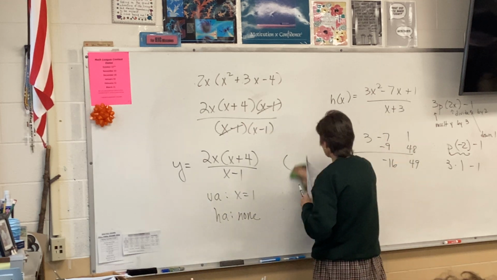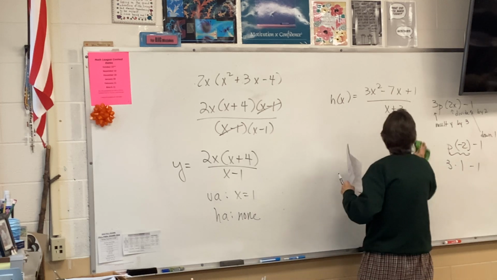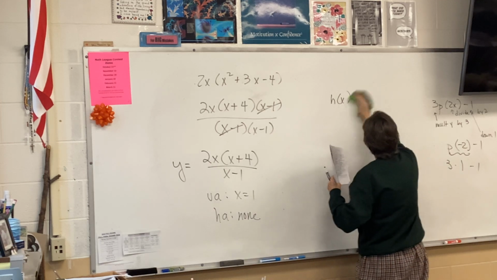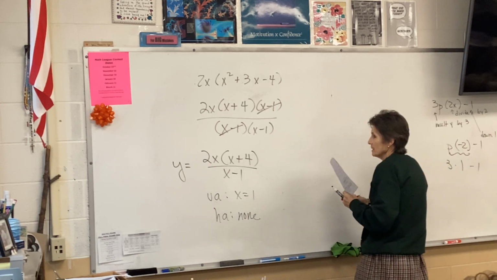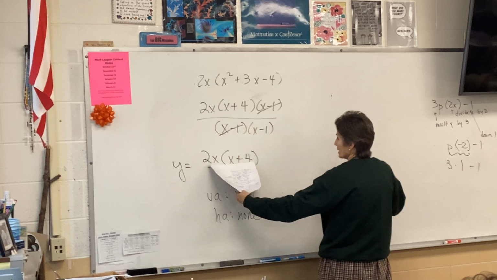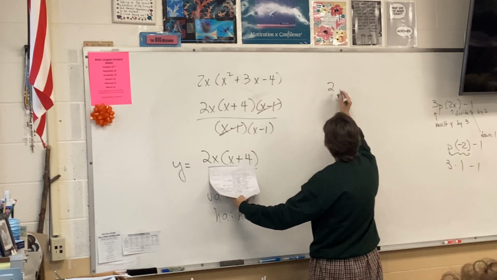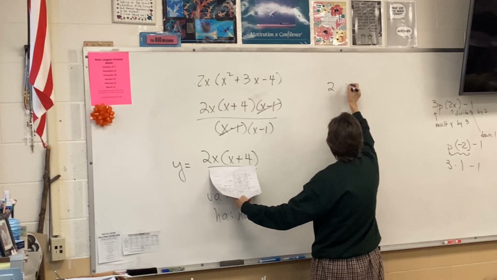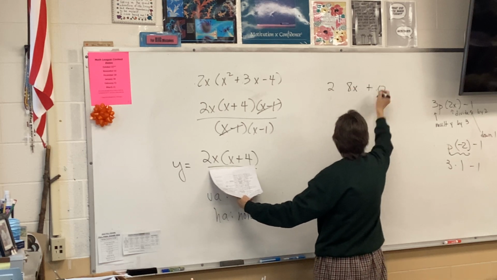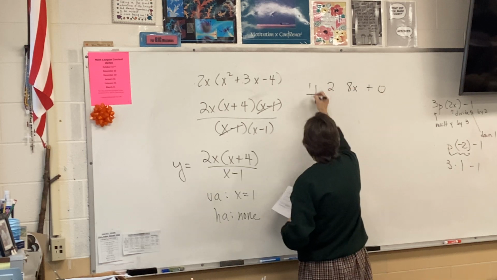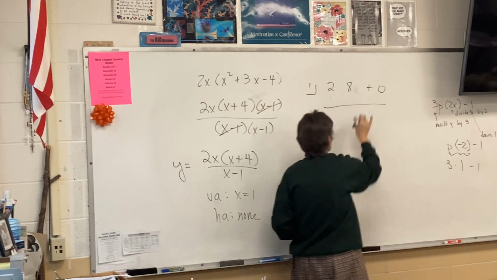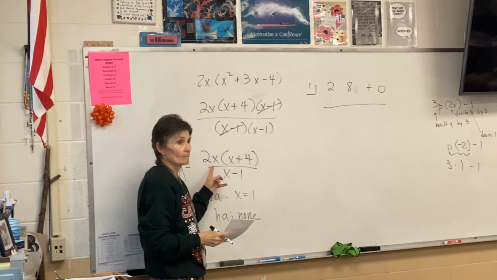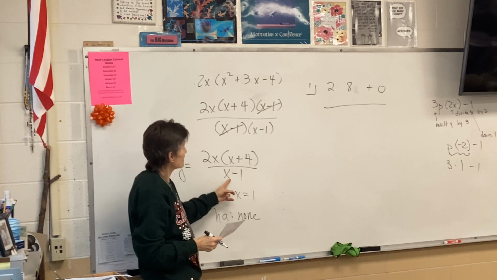Would you agree with that? And I can find the slant asymptote exactly like I'm erasing here. I'm going to take this numerator, which is 2x squared plus 8x plus 0, and put a 1 out here. Oop, I don't want an x. And divide. Subtract. So I'm dividing that by this.